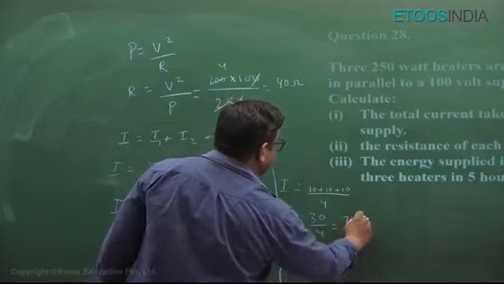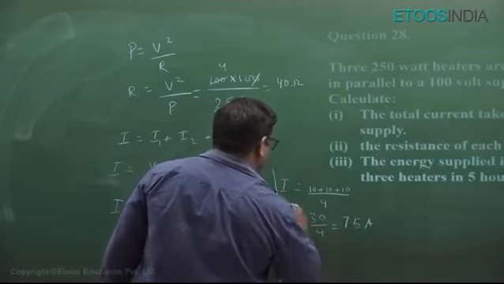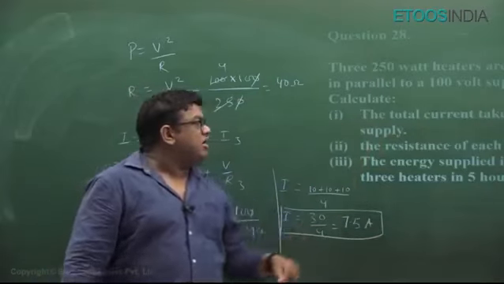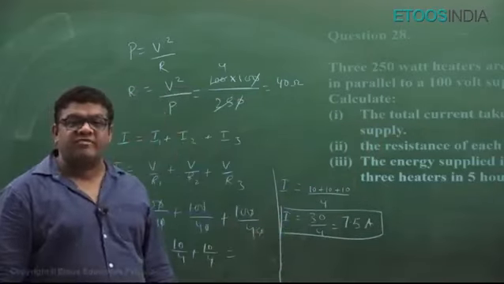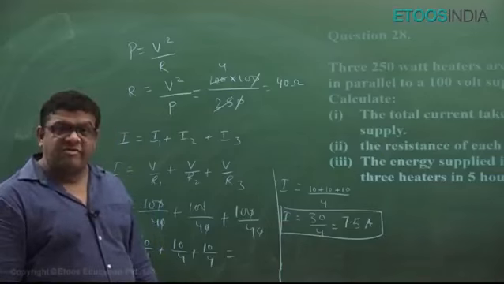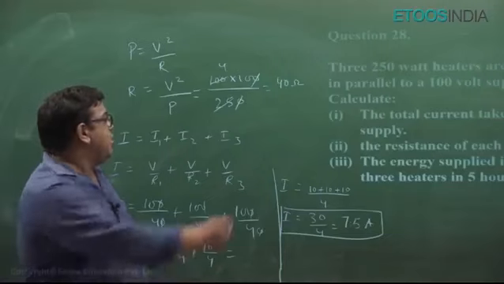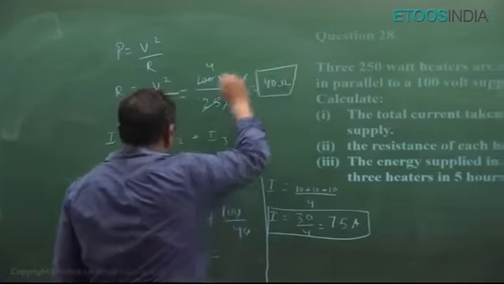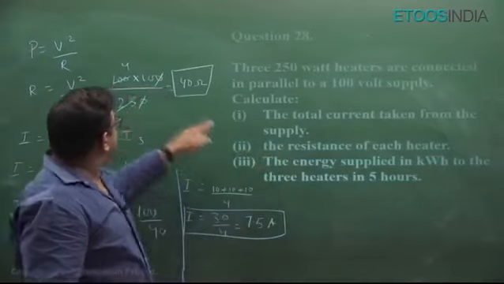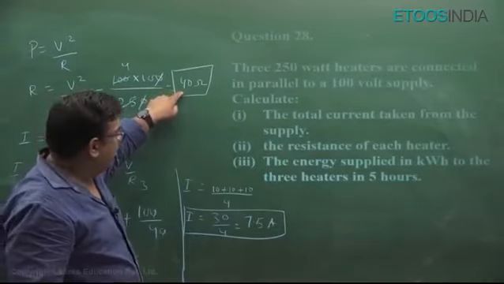The answer is 7.5 ampere. So we know that the total current will be 7.5 ampere, and in each resistor the current will be 2.5 ampere. Got it? Now let's move on to the next part. Let's see what it says. And the resistance of each heater is 40 ohm. That we have already found out.